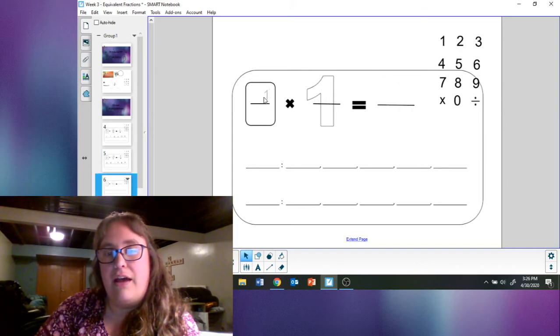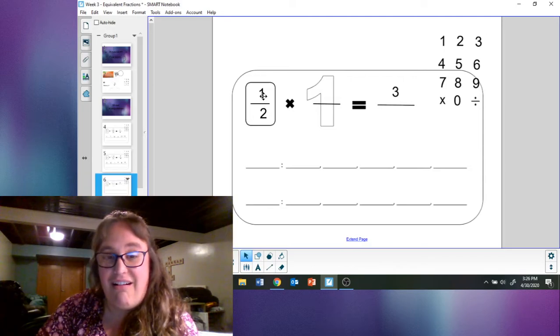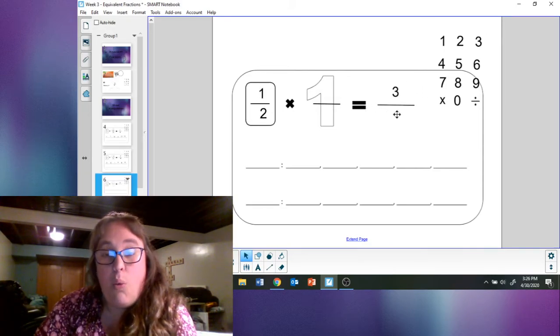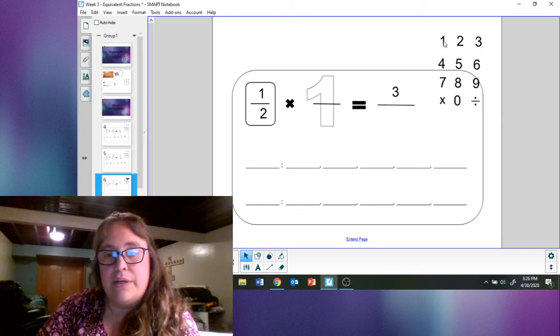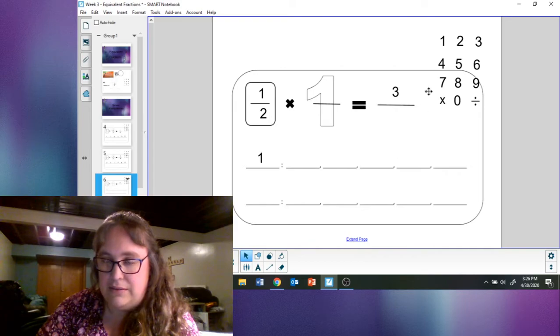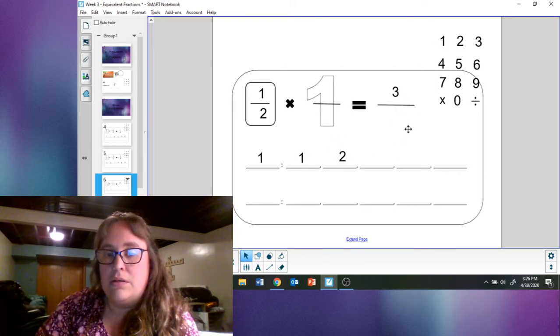Let's do another 1/2. But this time, I'm going to put a number up here. Doesn't change our process at all. I've got 1/2 equals 3 what? Well, this is my known right here. So I'm going to take my 1 here, and I'm going to do my skip counting. Really, Mrs. Spitzley? 1, 2, 3, stop.